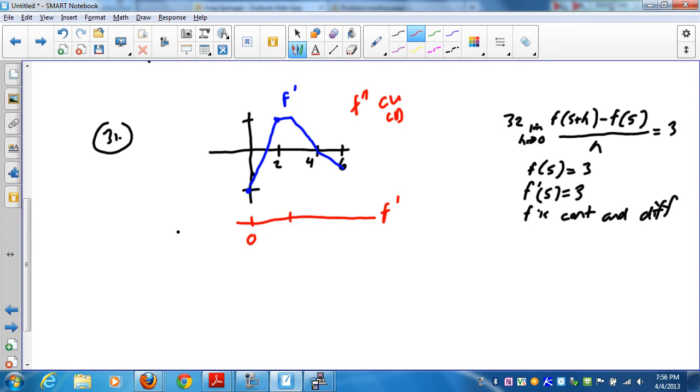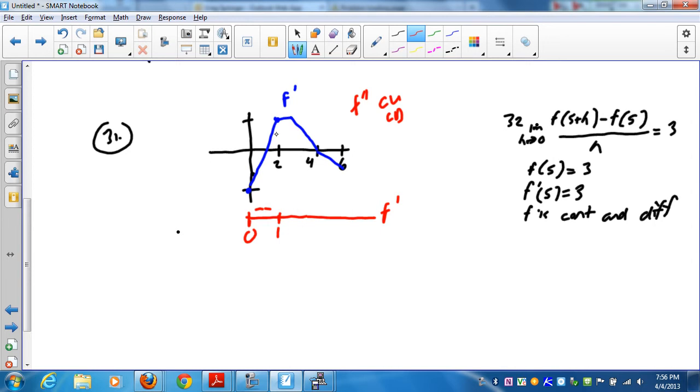From 0 to 2, this thing is what? Increasing. And I just lied to you. It looks like it goes from 0 to about 1, right? So from 0 to, we're going to have to estimate somewhere around 1, it's decreasing because it's negative.